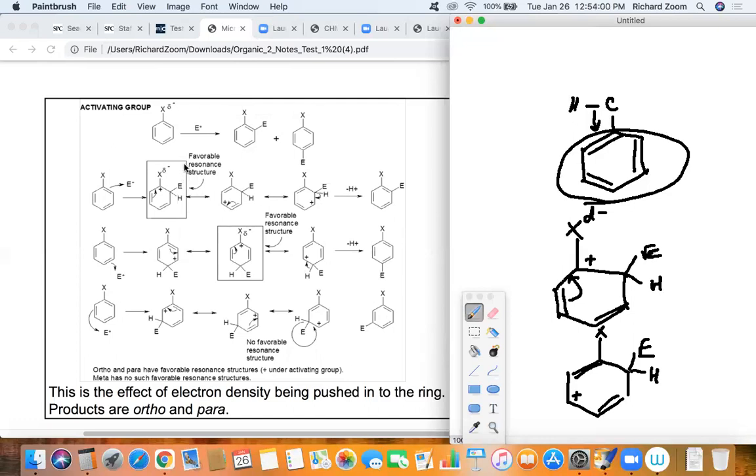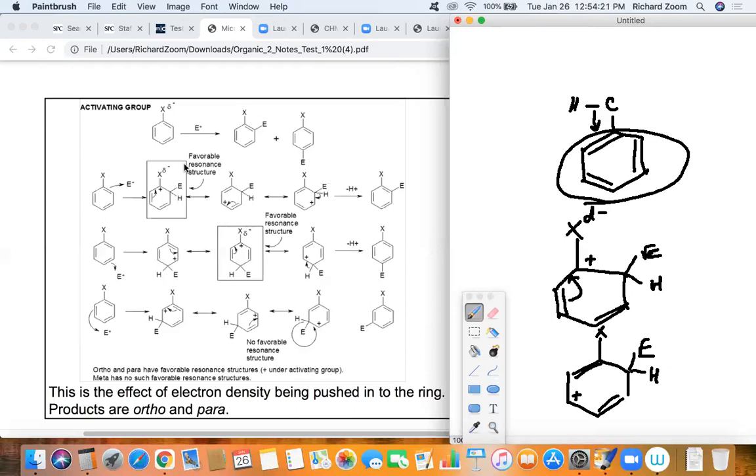So when we see the delta plus in the deactivating group, or the delta minus in the activating group, we should know what our product should be based on what the charge is. It's a little bit trickier than that, Bailey, because I'm not going to tell you if it's delta plus or delta minus. You'll have to know based on the group.